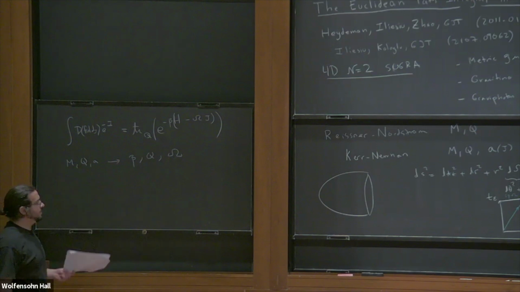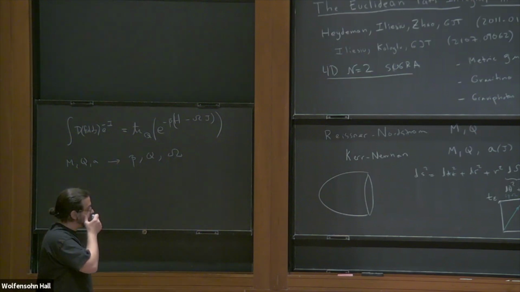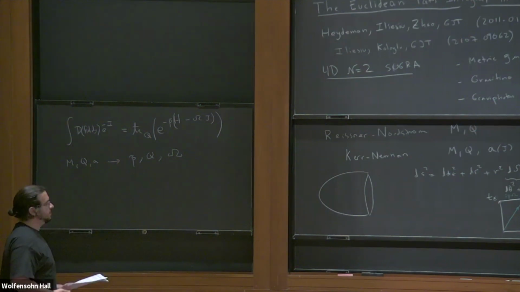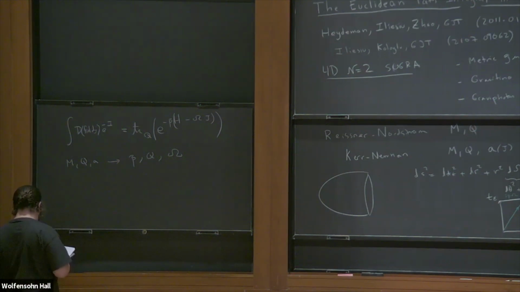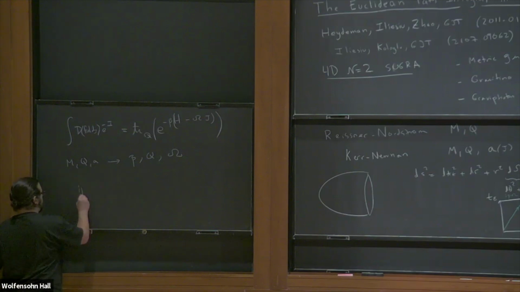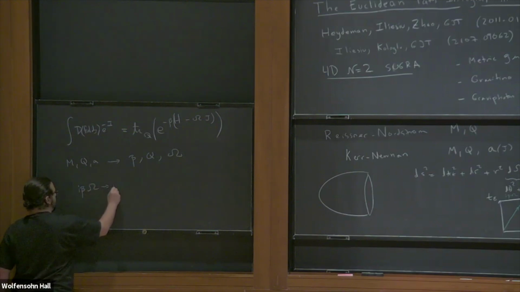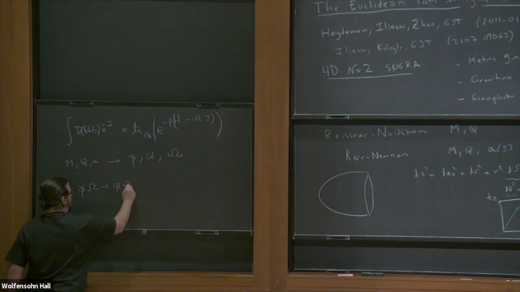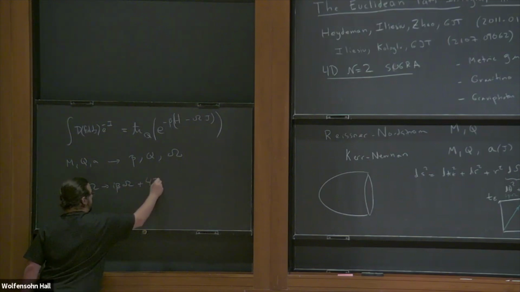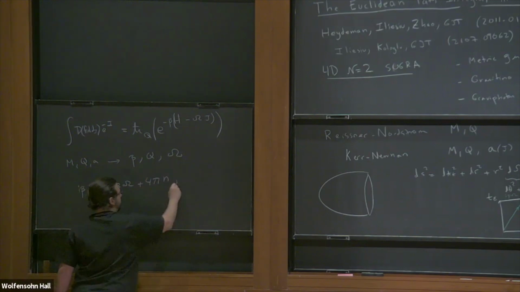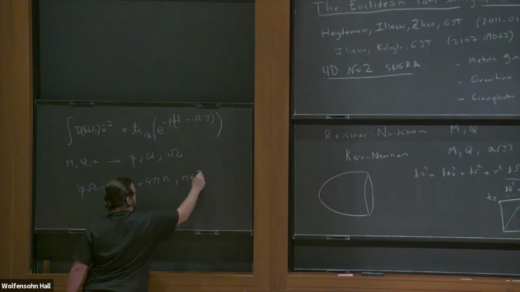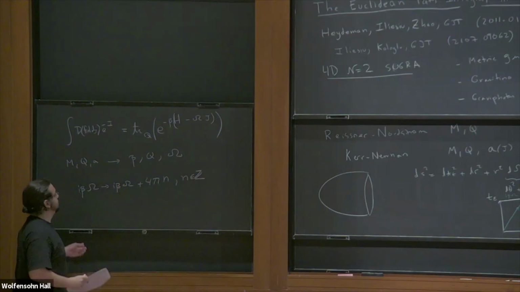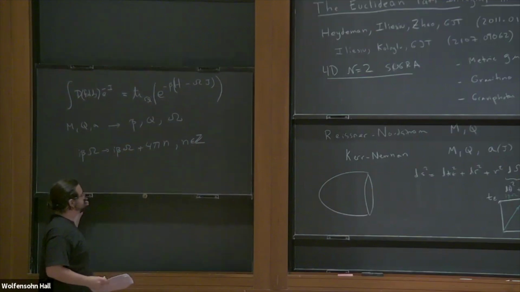But the point that I was trying to make before, by writing the boundary conditions in that way, is that there is a family of black holes that all satisfy the same boundary condition that are related by this shift, where n is an integer. So these are different black holes.